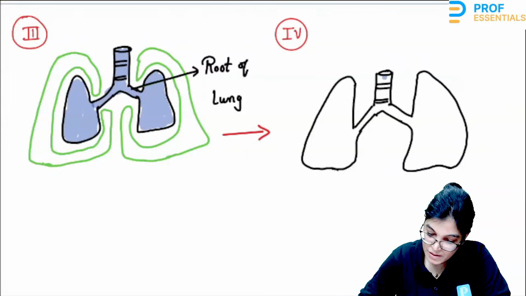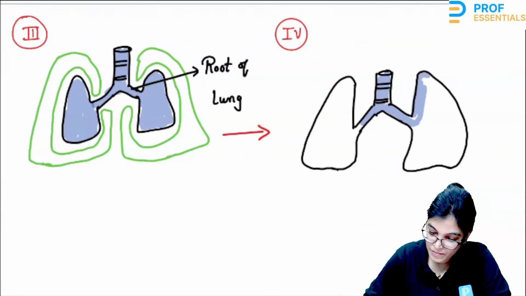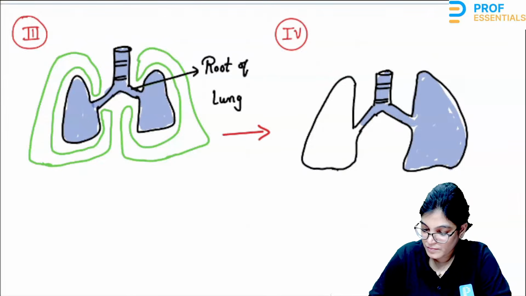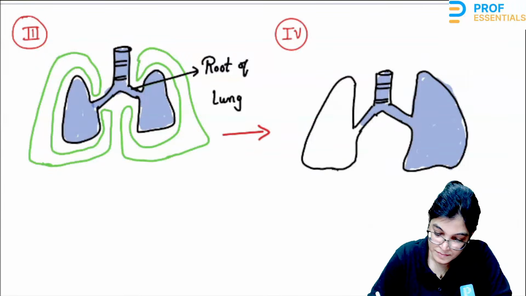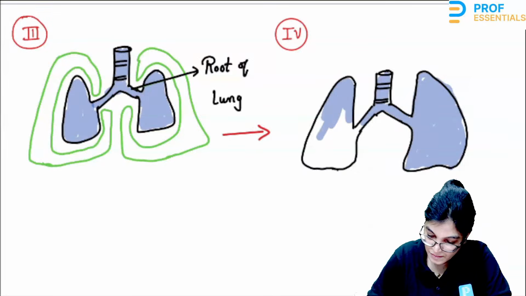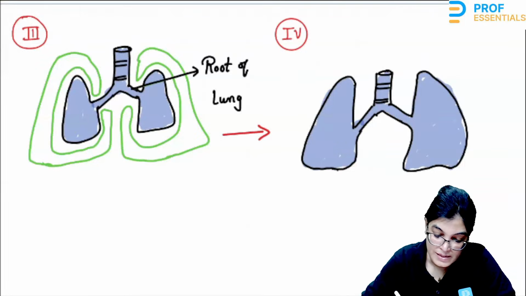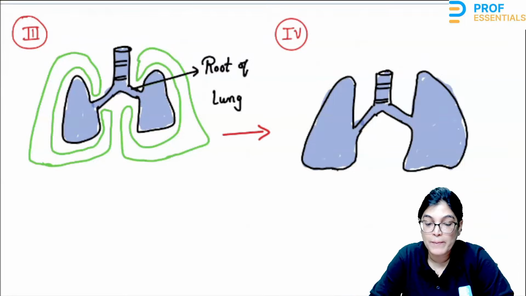I am using this bluish color for the lung. This will be the complete lung being formed. Got it? The lung is developed, and this is now completely enclosed by a two-layered serous membrane.